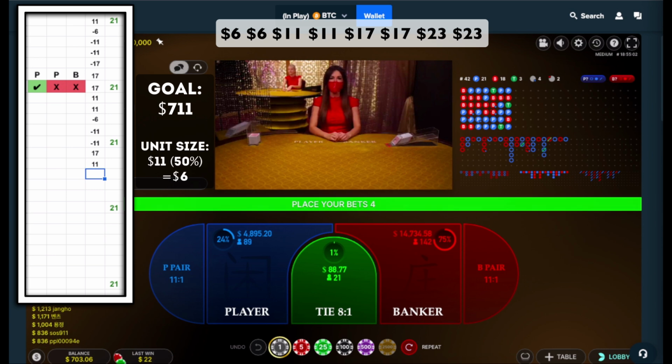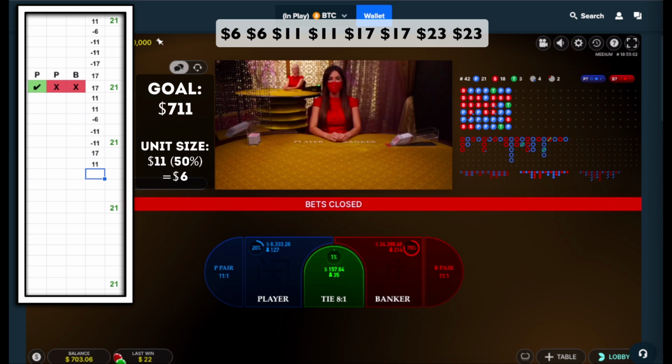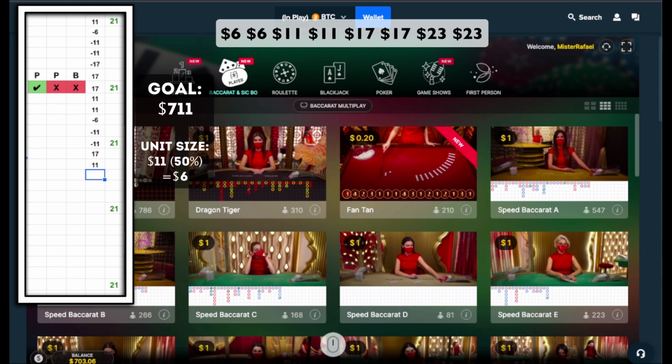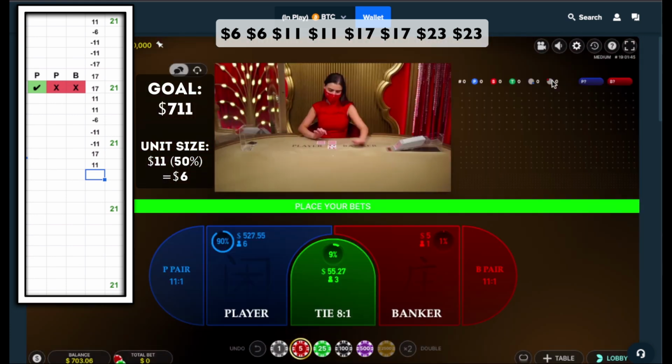Okay. Hand number 42. So, you know what? Actually, I'm going to head over to another table and continue. Okay, guys. We are on a fresh table. Let's clear this and look for our 3 pattern.